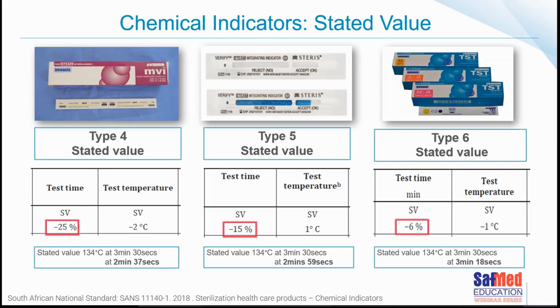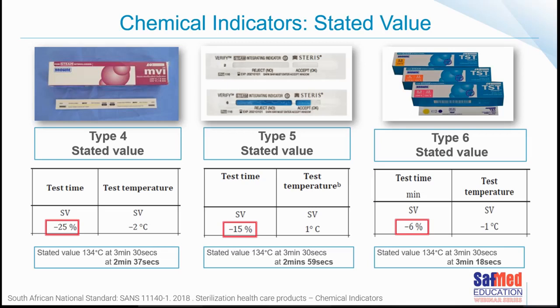When a manufacturer now releases a product and the manufacturer says, here's my chemical indicator, they have to say what the stated value is. So they need to say, for example, that this particular type 4 chemical indicator is designed to be used in an autoclave cycle of 134 degrees for, say, 3.5 minutes. They specify that.